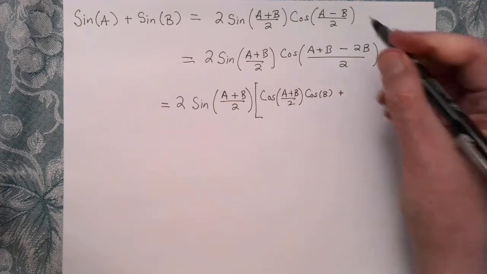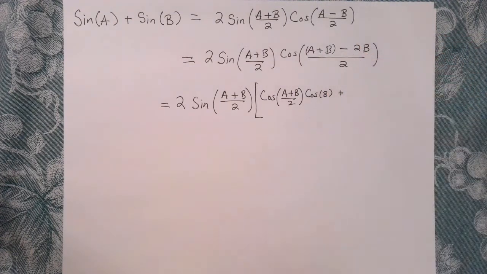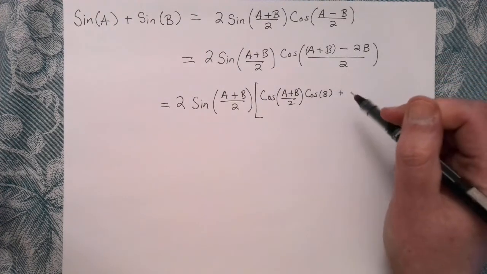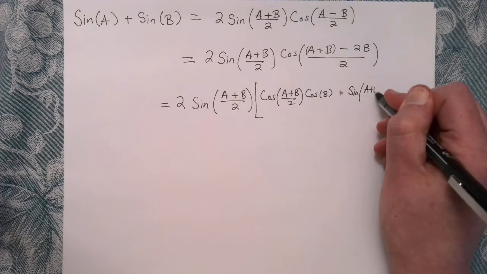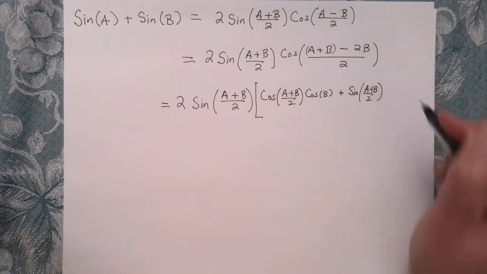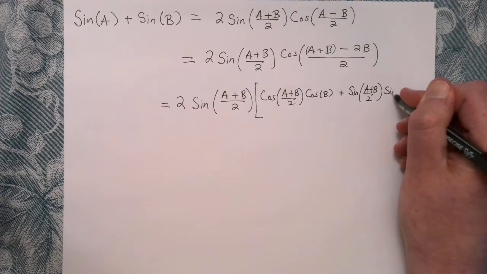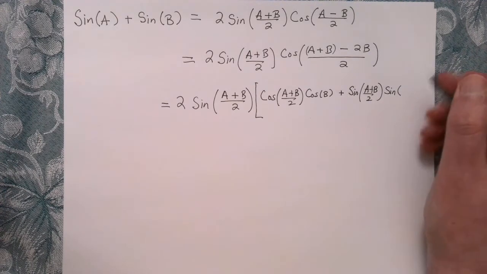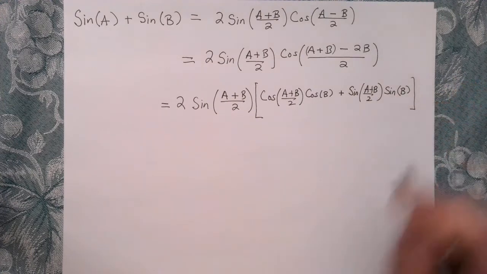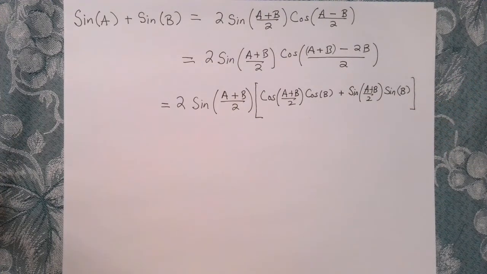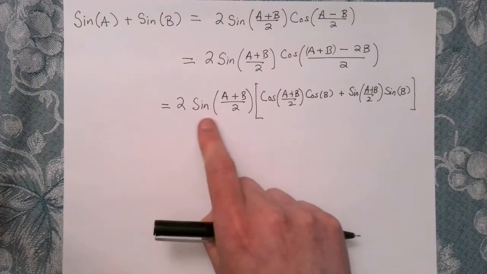This will be plus, because we're doing the cosine of the difference of angles formula. So plus the sine of the first angle, sine of a plus b over 2, times the sine of 2b over 2, which is just b.